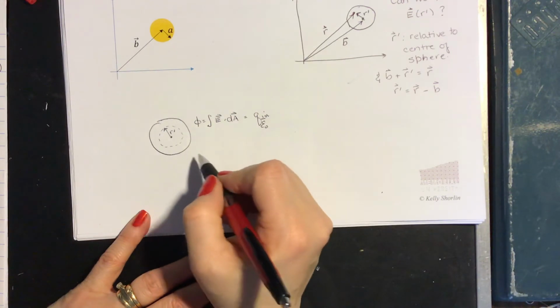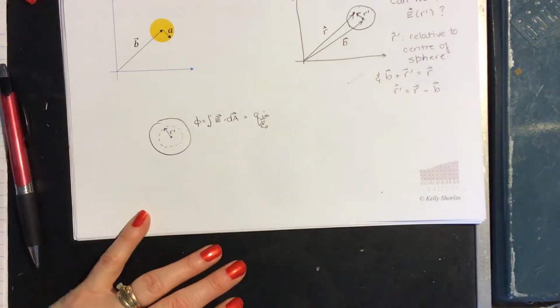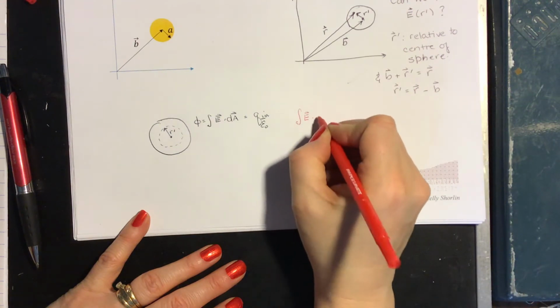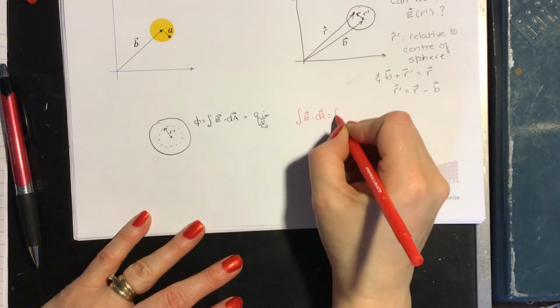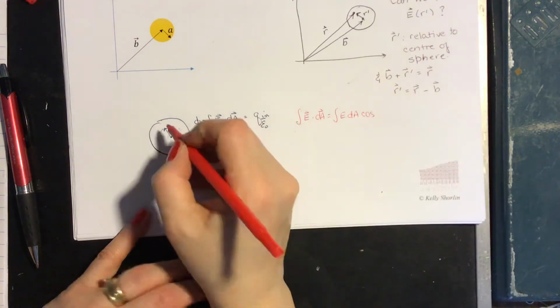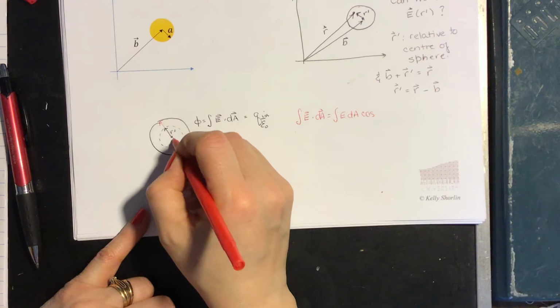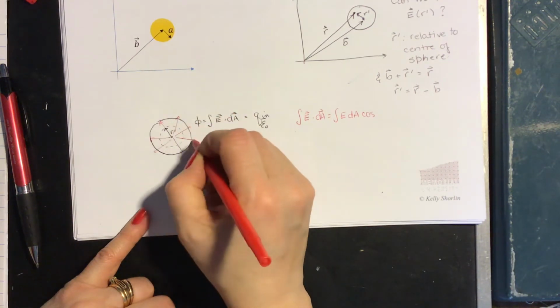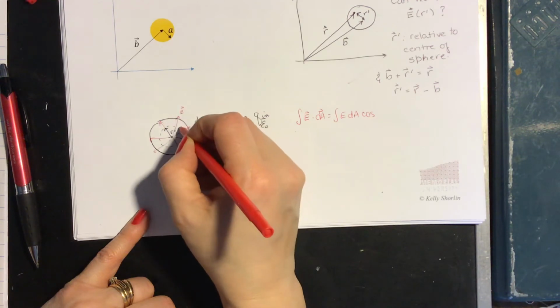Let's find the two sides of Gauss's law here. So the integral of E dot dA is the integral of E times dA times cosine of the angle between them. Our electric field comes out everywhere. There's the electric field. A little bit of an area vector also comes out everywhere.